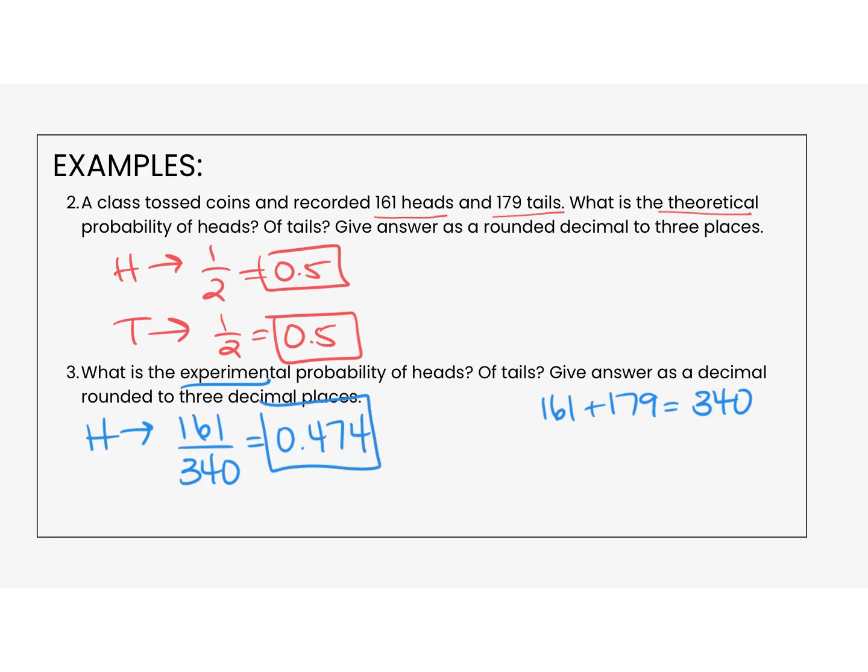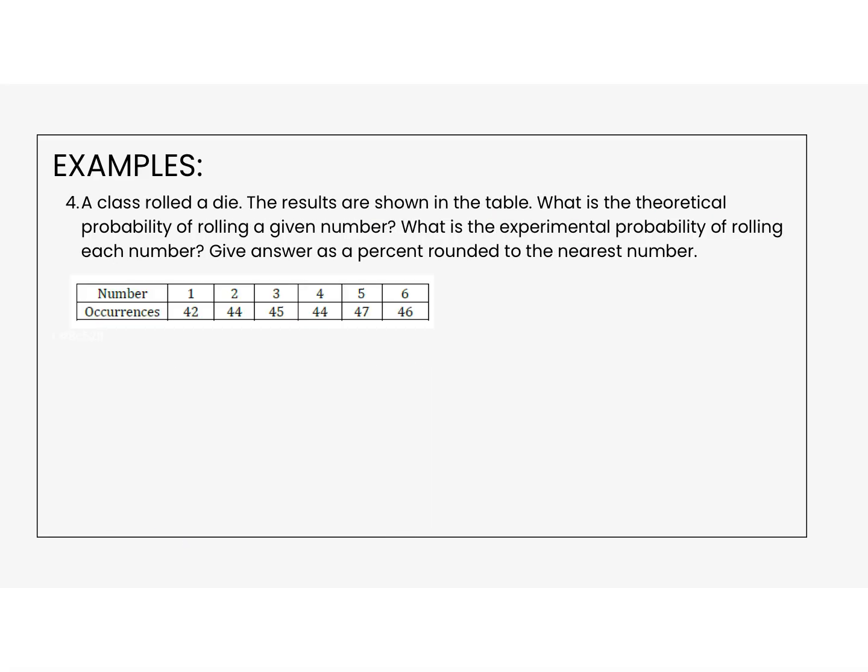So in our experimental, it was a little bit off of the 0.5 that we anticipated. Tails was 179 out of 340, so that would be 0.526. Again, a little bit off that 0.5 that we expected in the theoretical. To get these numbers, I'm literally just dividing 161 divided by 340. If I wanted to figure out the percentage, I just take that decimal times 100.